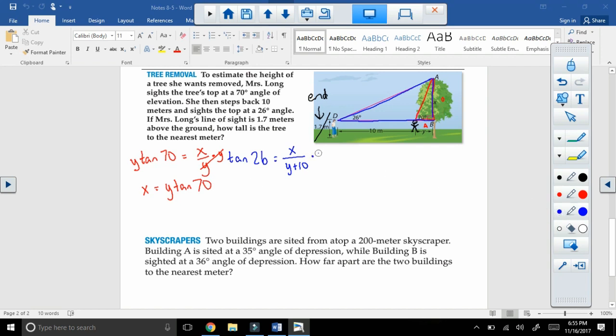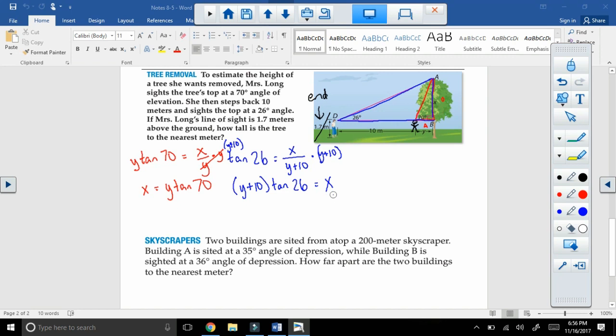For this one, I would multiply each side by y plus 10. So this one's going to be y plus 10 times the tangent of 26 equals x.